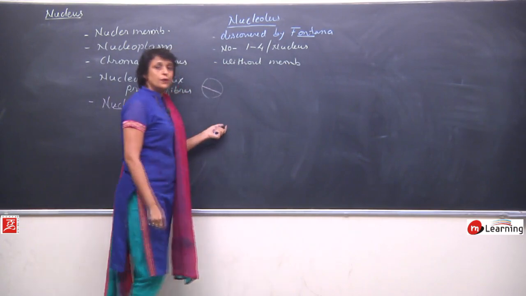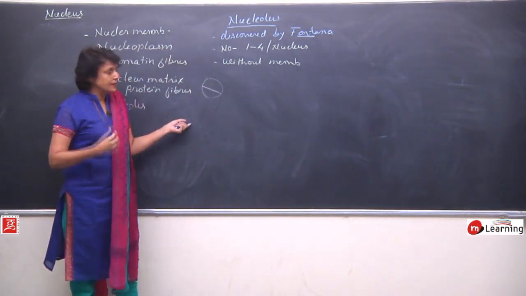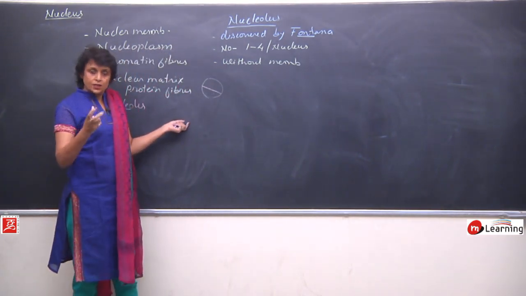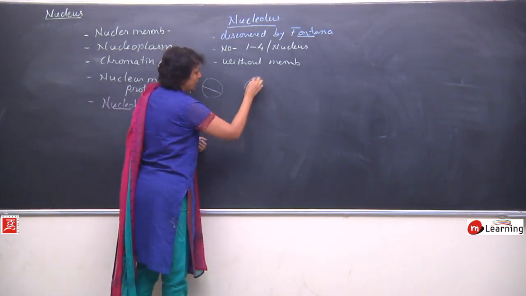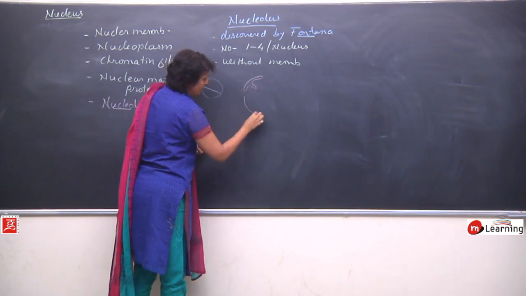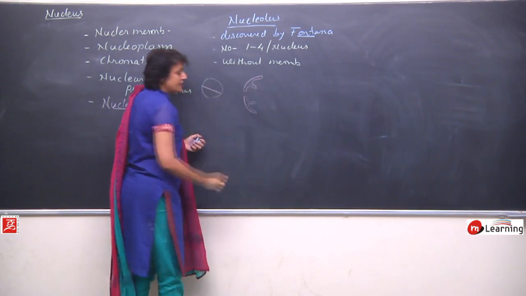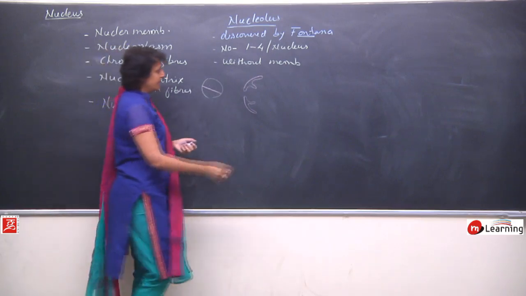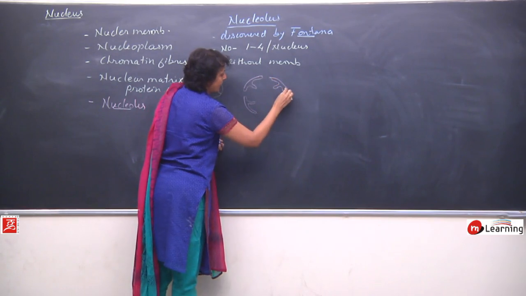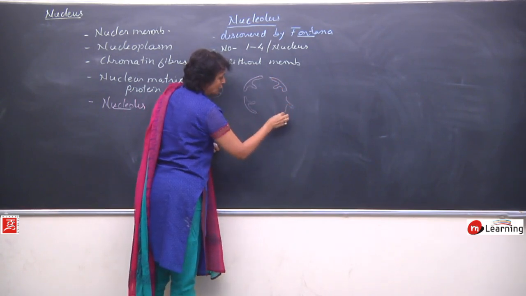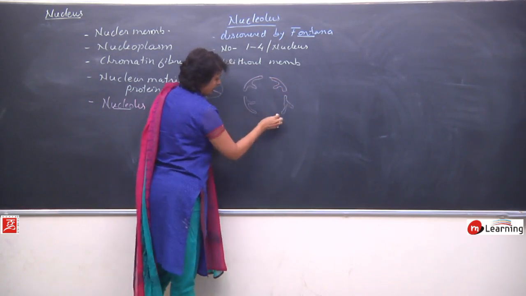So then why do we draw it in a circular manner? It appears circular because there are fibrils. So there is fiber. These fibers, they are basically RNAs. And these fibers, they are arranged in such a manner that there are infoldings and outfoldings also.